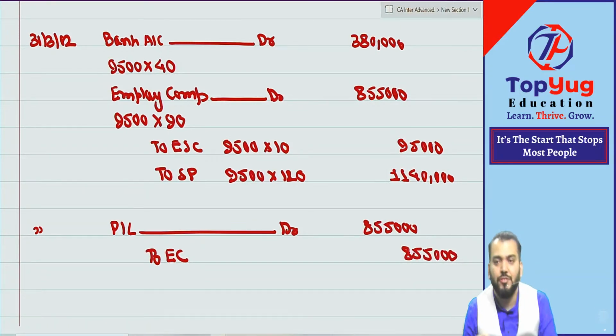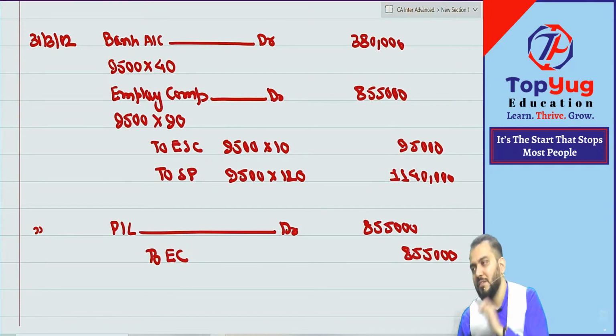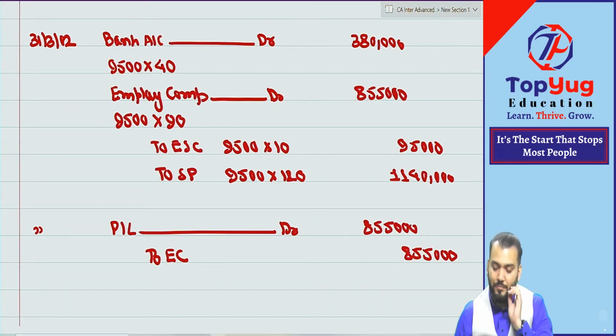Most favorite question. I don't think, but they will always ask this question only. Out of 10 times, 8 times this question is asked. That is MRQ, means must revise question before exam.